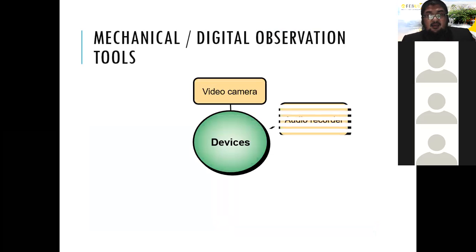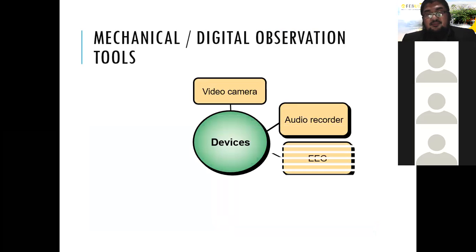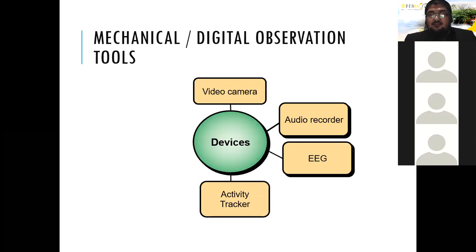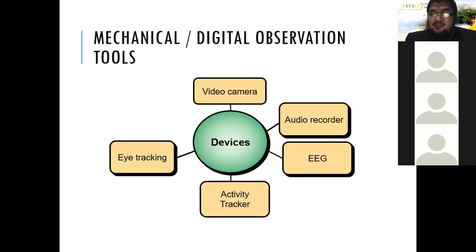Okay. And currently with technology, observers no longer have to rely only on their eyes or their notes, so technology can help in the observation process. However, it needs to have consent. We don't want to record a behavior, for example, record an office without the consent of the people inside that office.